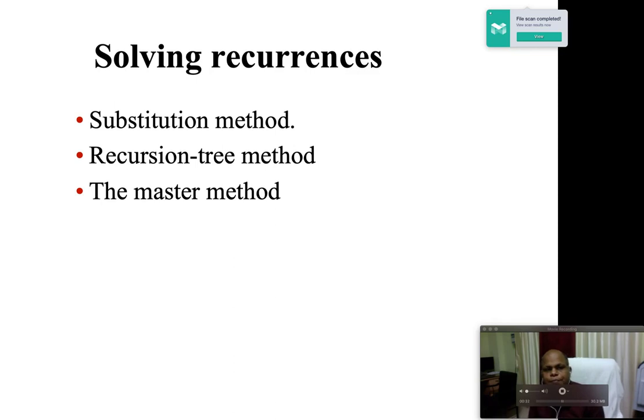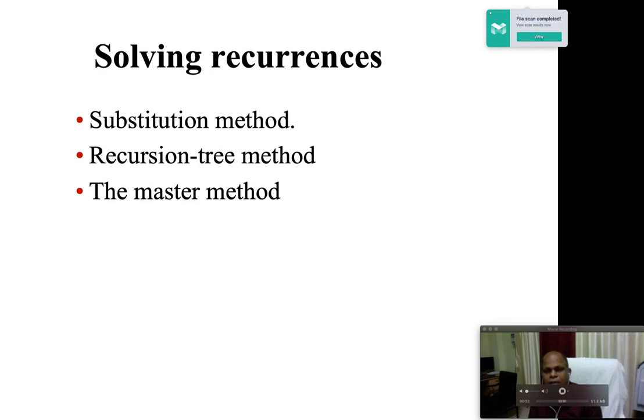Today we will discuss the topic of solving recurrence relations. As we have already come across different kinds of recurrence relations in your merge sort, quick sort, and heap sort algorithms.